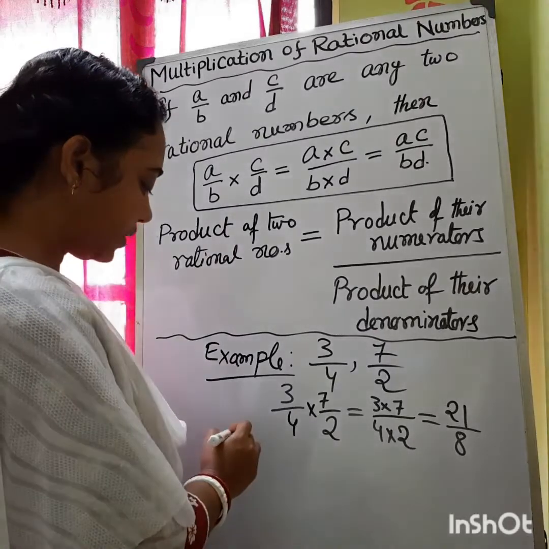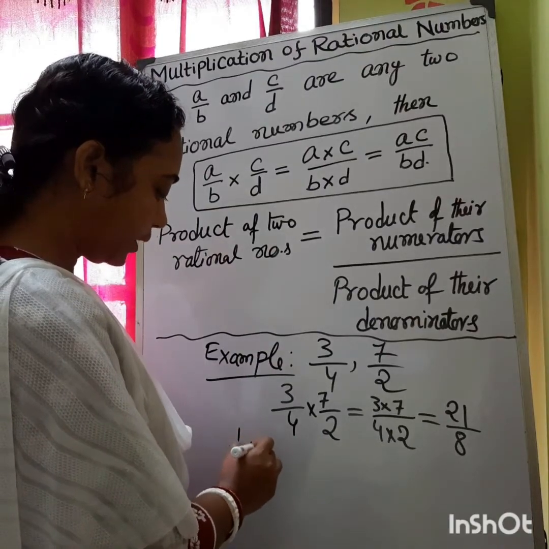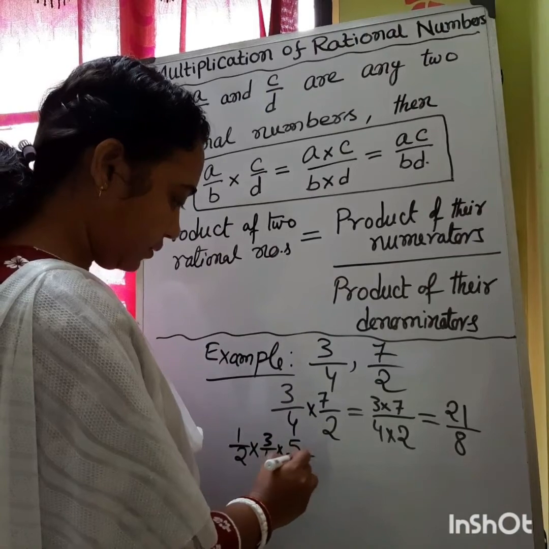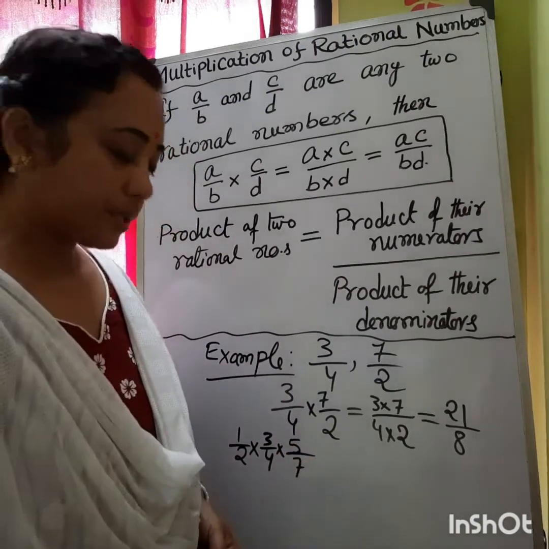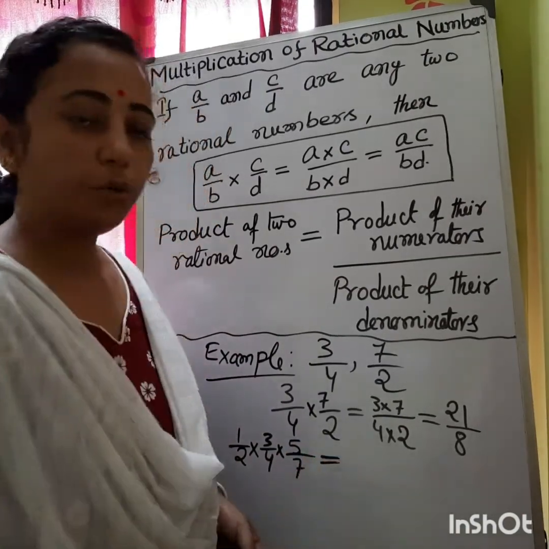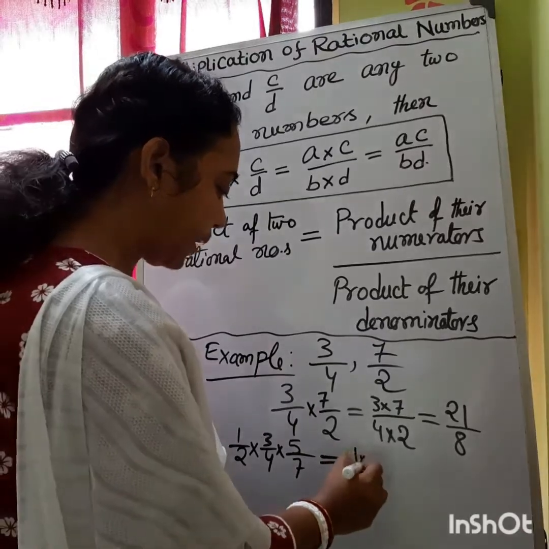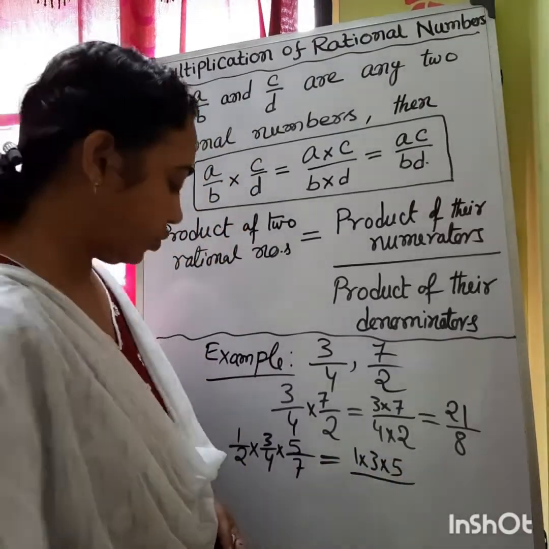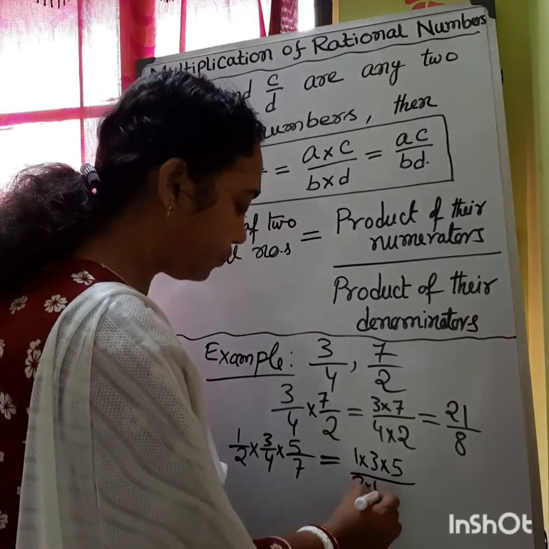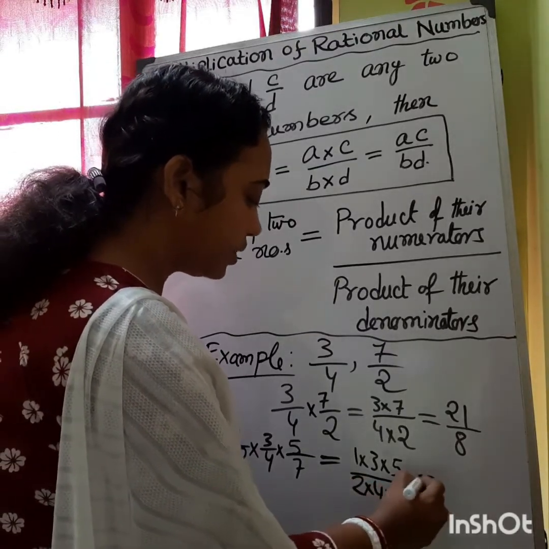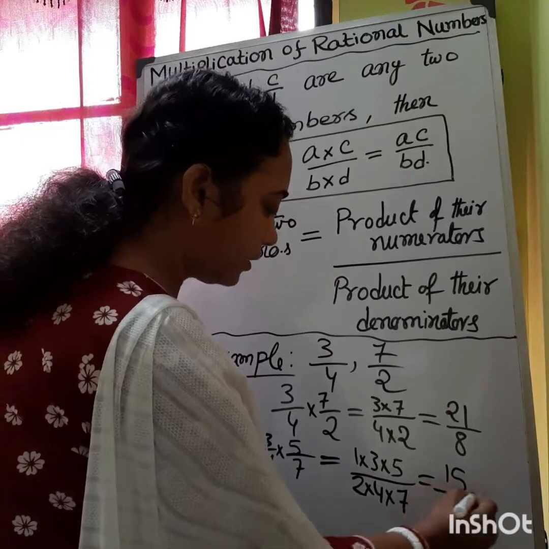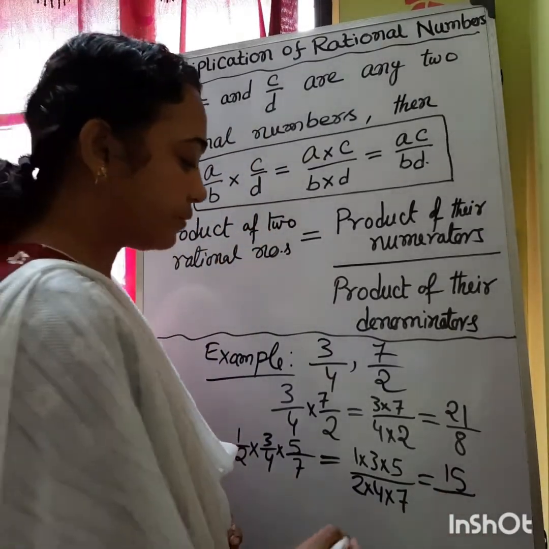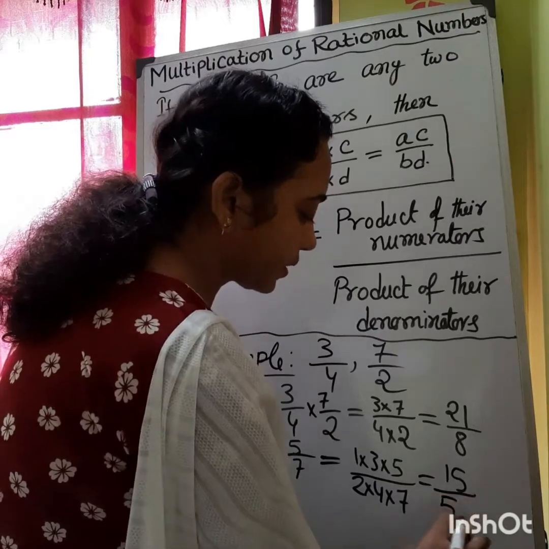For example, if we consider 1 by 2 multiplied by 3 by 4 multiplied by 5 by 7, then we just multiply their numerators, that is 1 multiplied by 3 multiplied by 5, and we multiply their denominators, that is 2 multiplied by 4 multiplied by 7. So here the numerator is 15, and 2 4s are 8, 8 7s are 56.